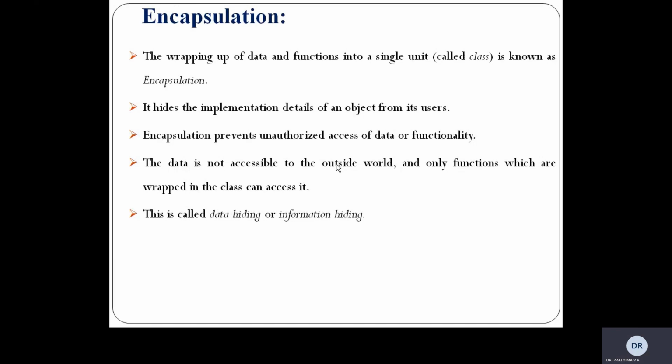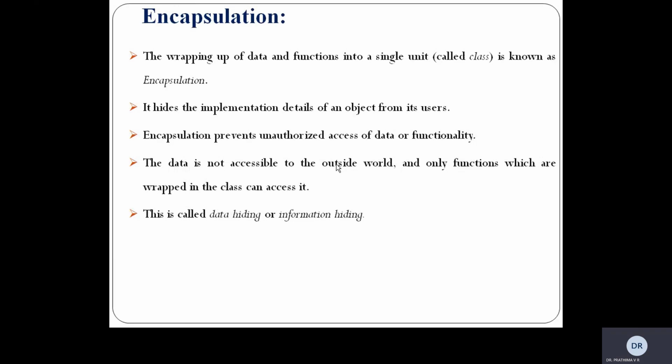I'll repeat again, the wrapping up of data and the functions together into a single unit is known as encapsulation. And here, in an object-oriented programming system, encapsulation hides the implementation details of an object from its users.